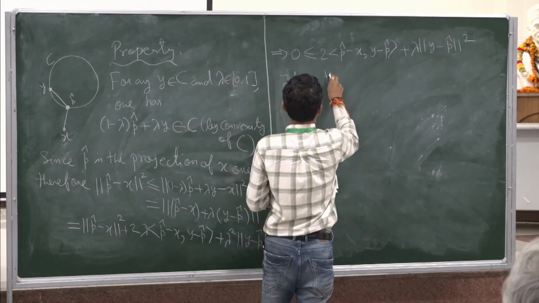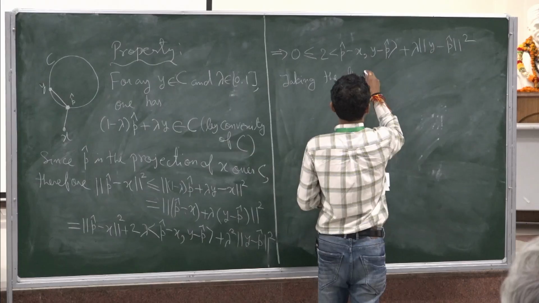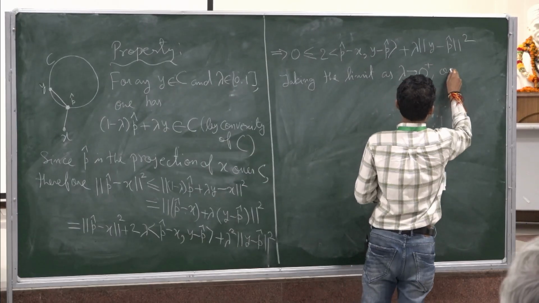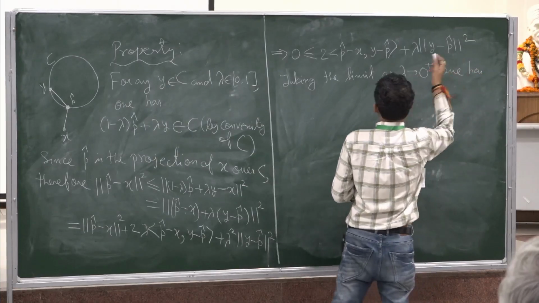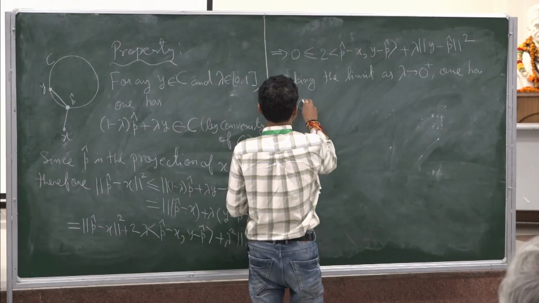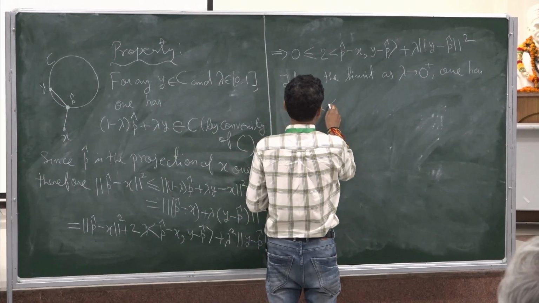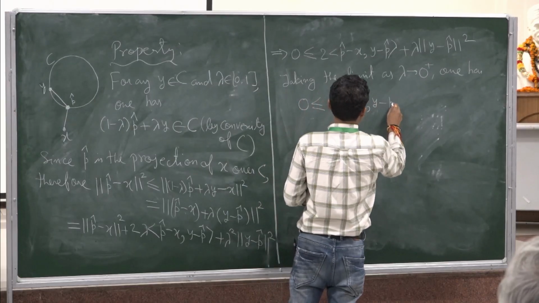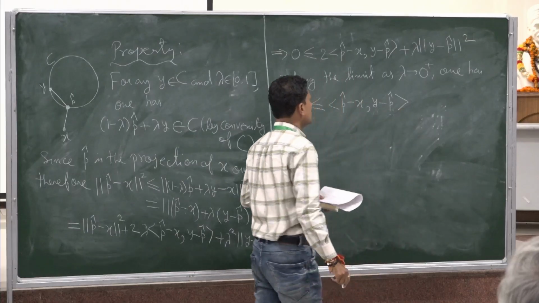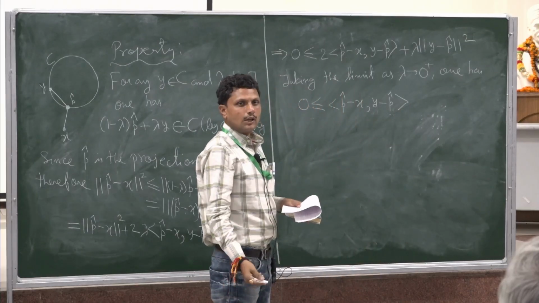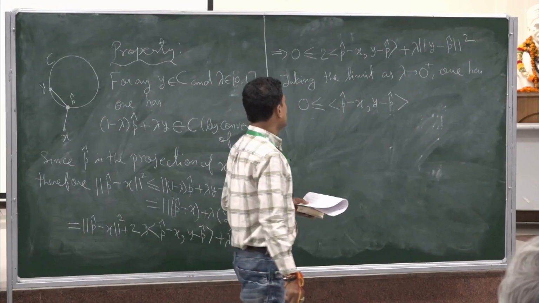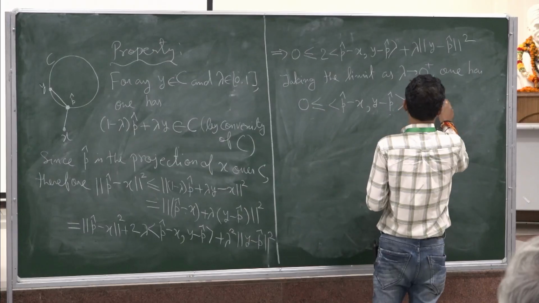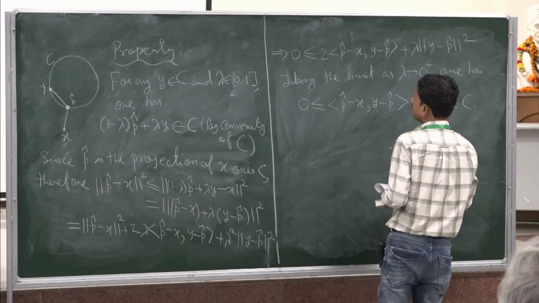Taking the limit as lambda tends to 0 plus, this will be 0, so 0 is less than or equal to the inner product, and since this is for any arbitrary y in C, this is for every y in C, right?